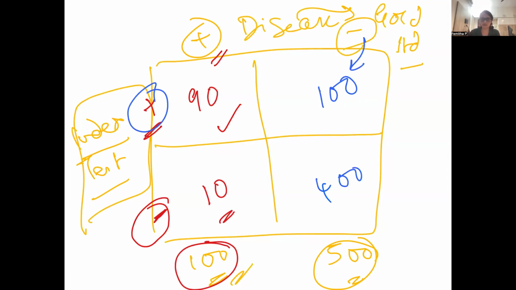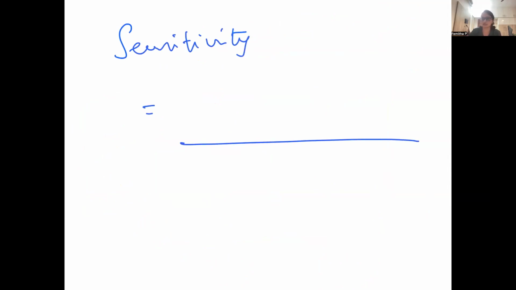Now, from this example, we will together calculate what is the sensitivity and the specificity. So for that, let's just go to the definition of sensitivity in true sense of just English. We will not talk about it in terms of statistical jargon, that is, we will not talk about true positive, false positive, true negatives and all that. What is sensitivity?